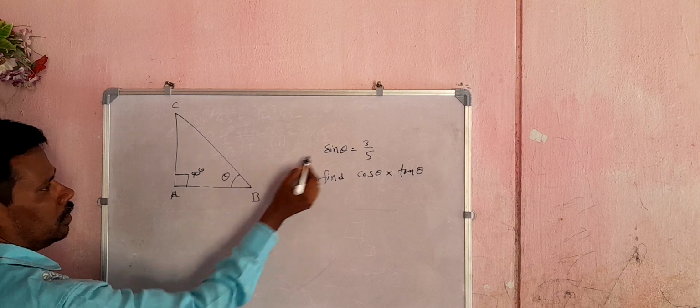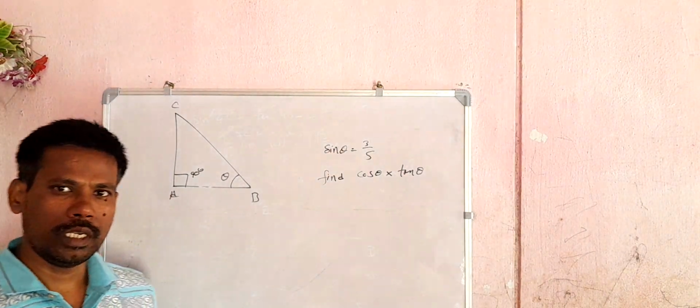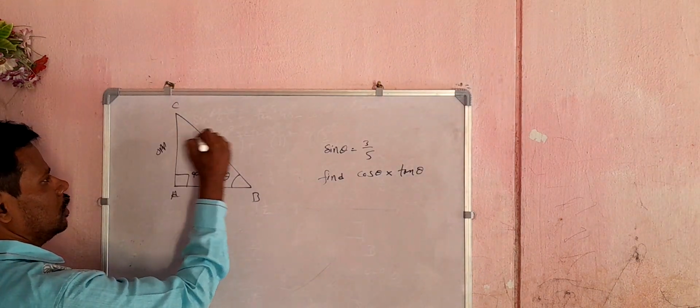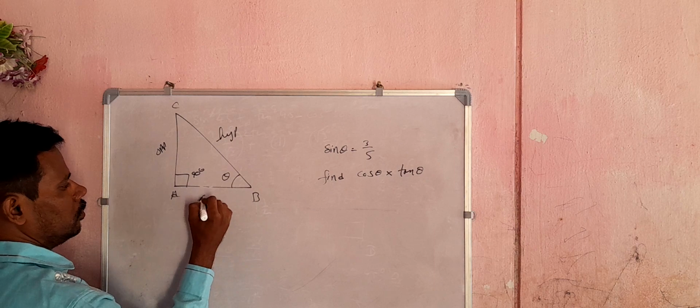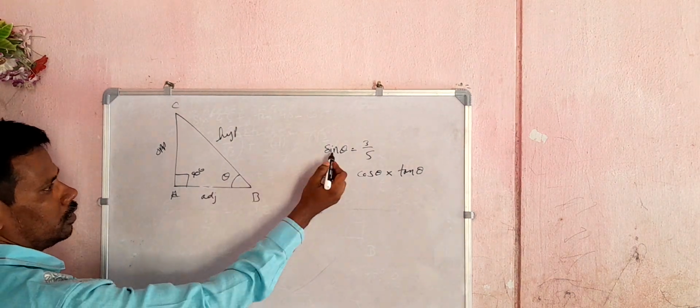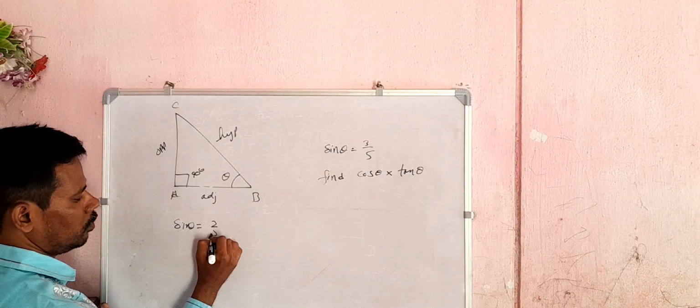Mention the angle as theta. What is the definition of sin theta? Opposite by hypotenuse. Just write here opposite, hypotenuse, adjacent. Sin theta is equal to 3 by 5, given.